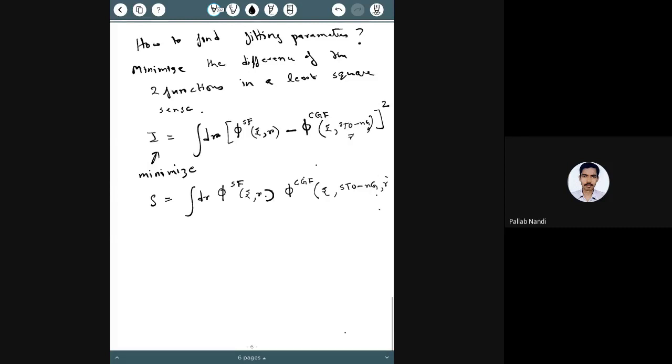So you maximize the overlap or you minimize the difference, and you do it iteratively till you get your set of fitting parameters. The other important thing is that eventually you need your basis functions to be normalized, remember. So at every stage you must ensure normalization.